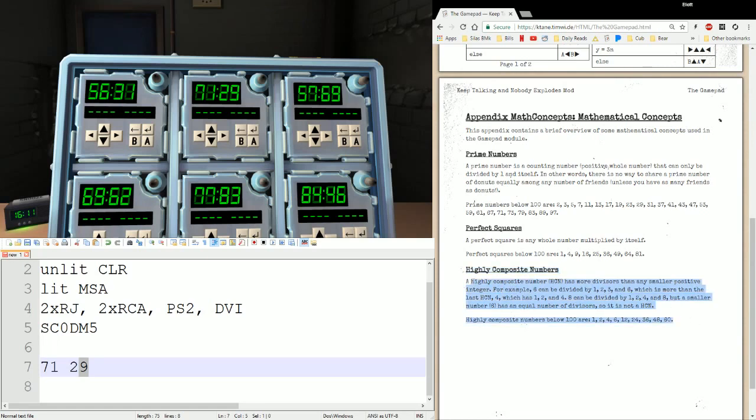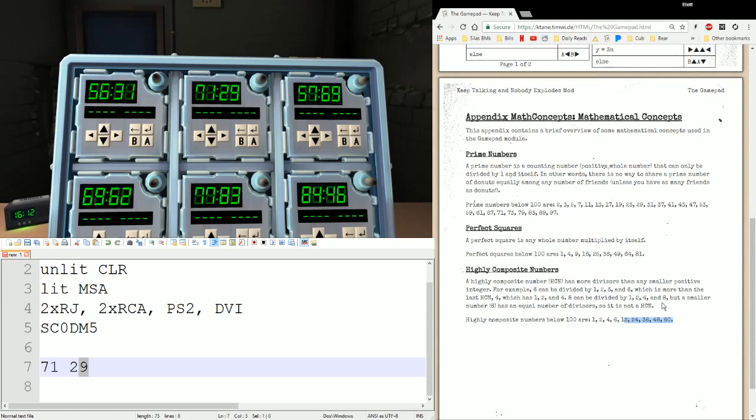So, of the numbers that can appear on this module, 0, 1 to 99, I believe, the highly composite numbers are 1, 2, 4, 6, and then your multiples of 12. 12, 24, 36, 48, 60, up until 60.